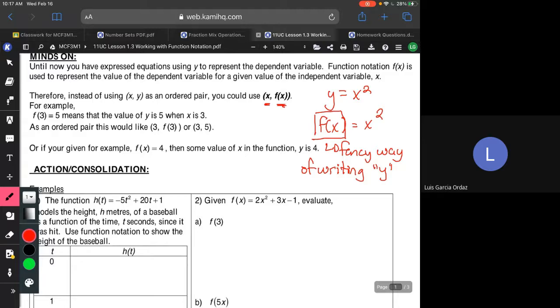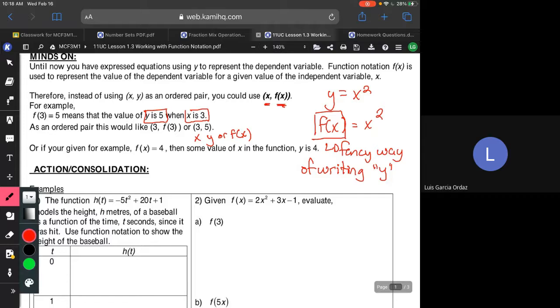So, for example, f at 3 is equal to 5 means that y is equal to 5 when x is equal to 3. And as an ordered pair, I would just simply write it as 3 comma 5 because 3 is my x and y is 5. So this is x and y, or as we're going to write it now, f of whatever the x value is.